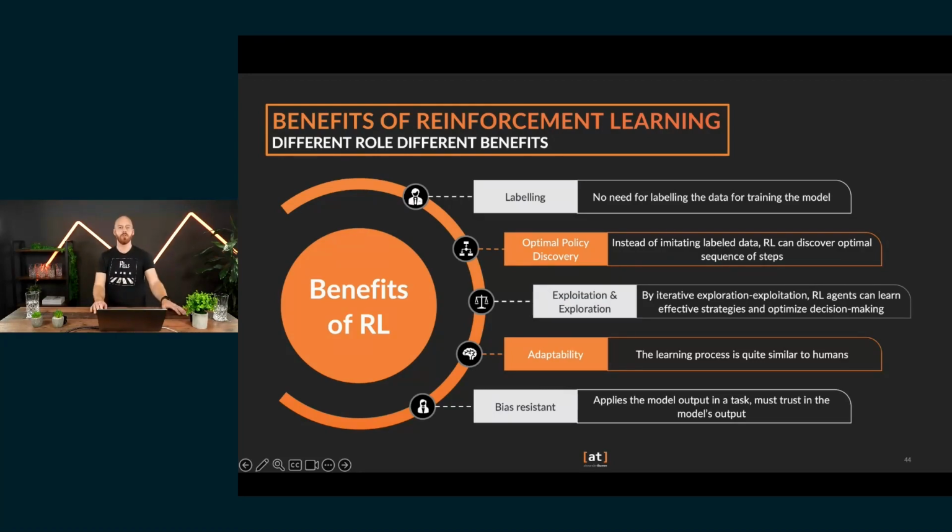And then the last advantage I want to highlight is that it is, up to a certain amount, bias resistant. We heard that because of the trial and error, it explores all possible solutions, and thus it is not influenced by any subjective data. The only bias that influences the reinforcement learning agent is the reward function, but this can be engineered very well, so it's more bias resistant than most other machine learning tasks.